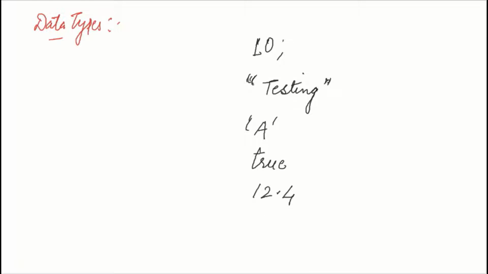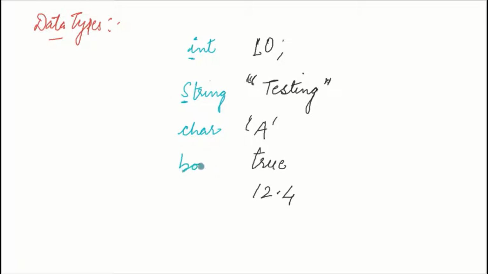So which data types are available in Java? Here this is an integer type value. This is our string type value. This is character. Just keep in mind that S is in uppercase and the rest are lowercase.